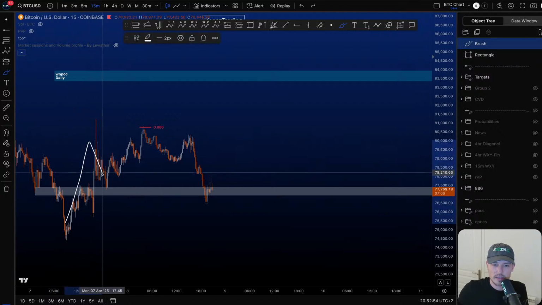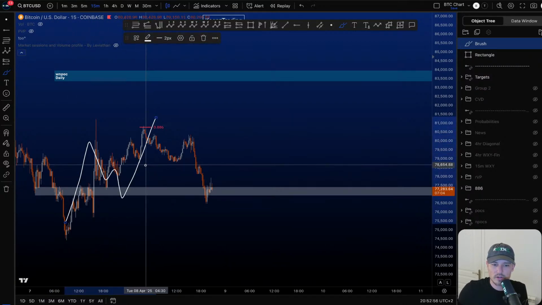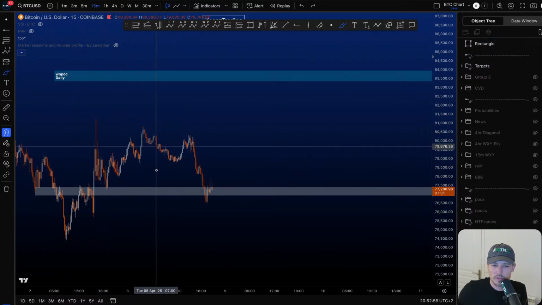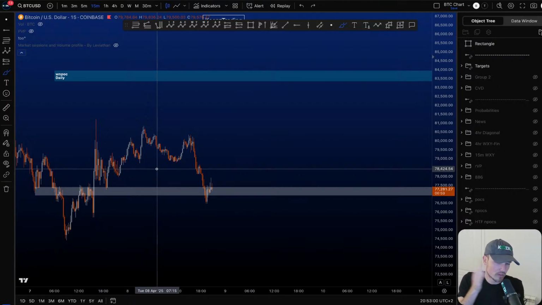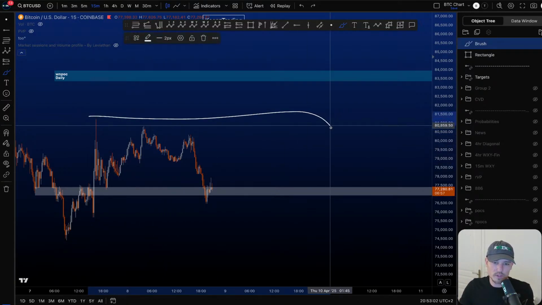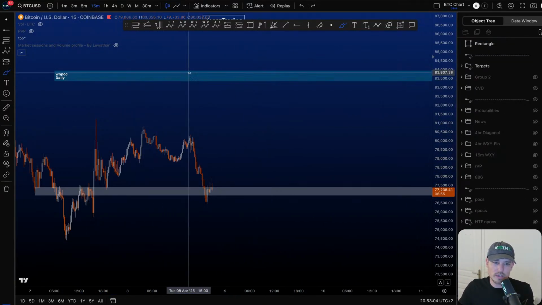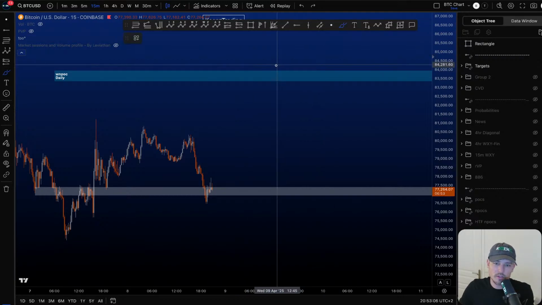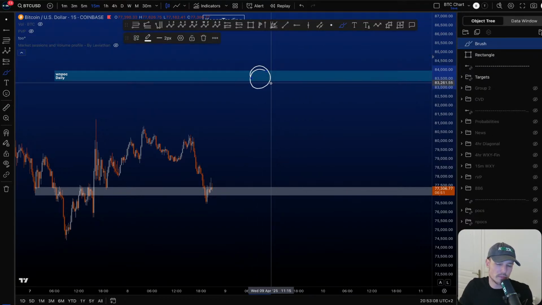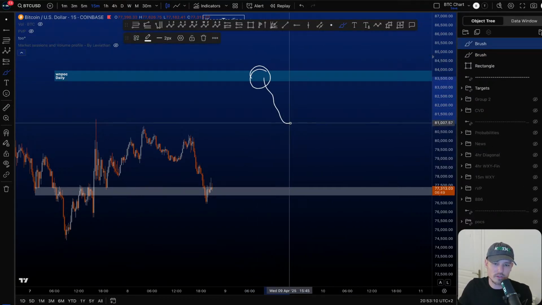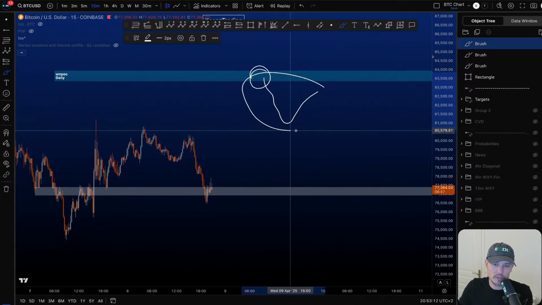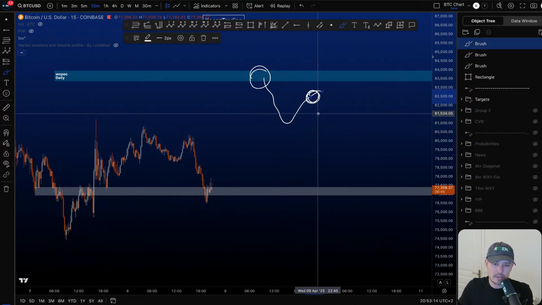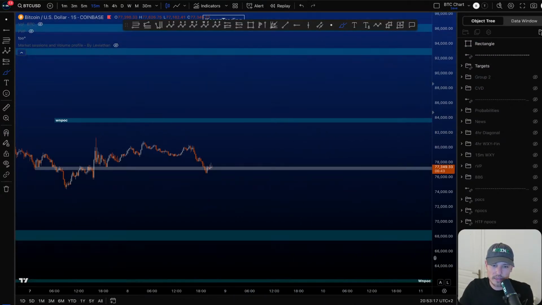Zigzag, X, there's no flat here, so I can't get a sideways WXY. It would be nicer to go sideways for a longer period of time, maybe even reach 83. That's an area for me to be interested in a short, get a reaction, move down, get a retracement up. Based on this, I'll decide if I short yes or no. That's part of my plan.